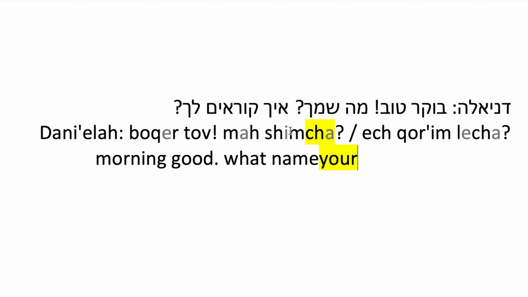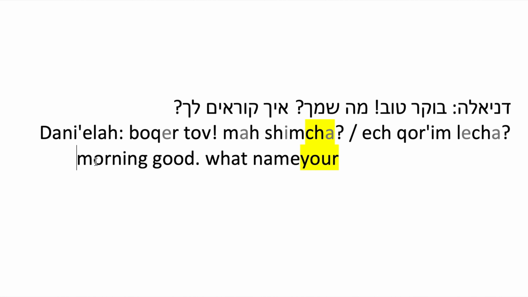And as you will see in the next sentence, when Paul responds, he will respond in a different way, because when he asks Daniela, he has to use the feminine form. Okay, so this is the masculine form. So I can mark this as masculine.